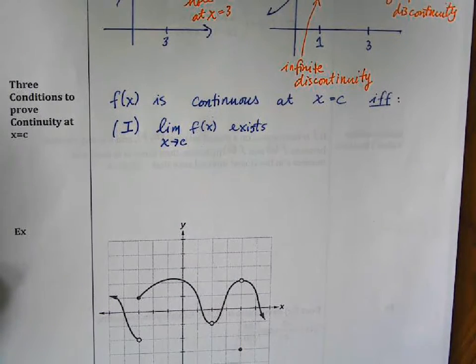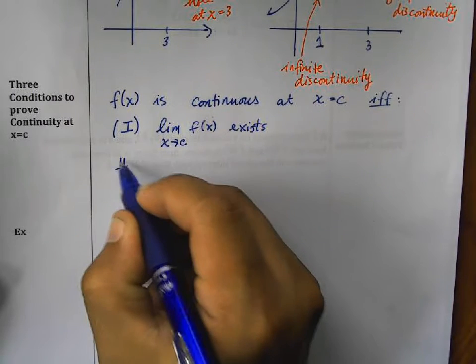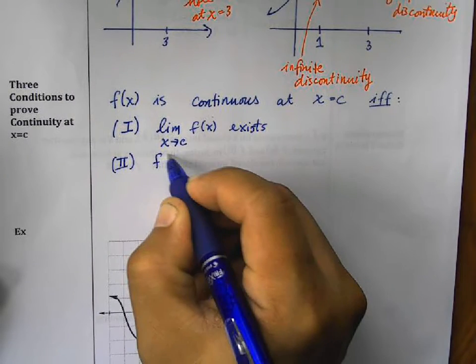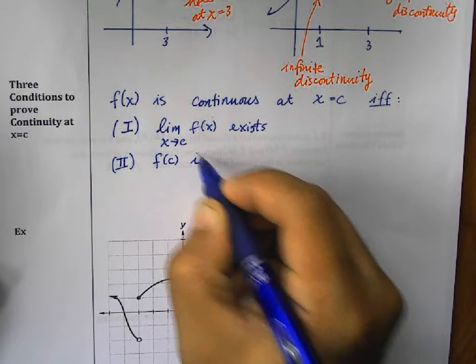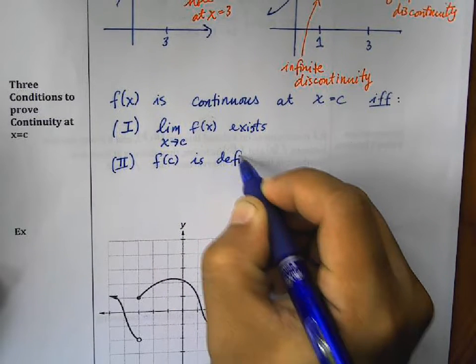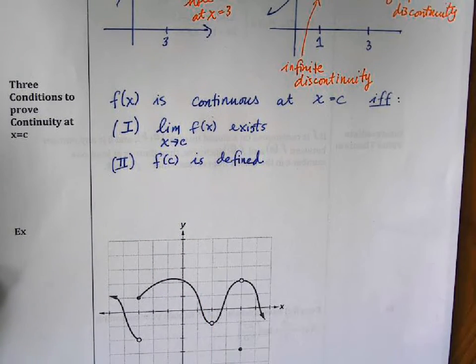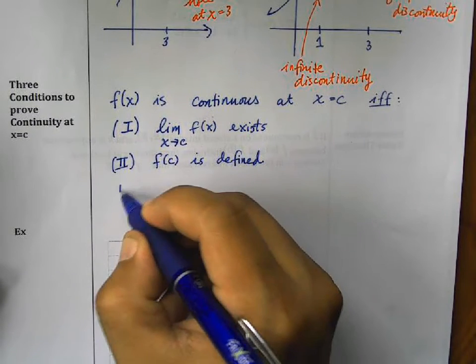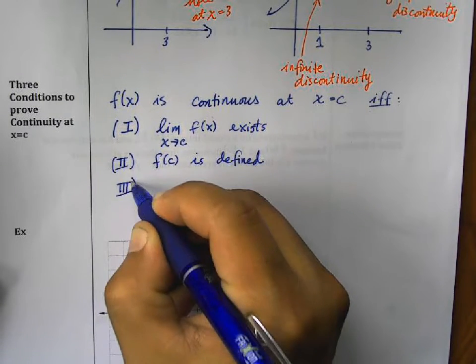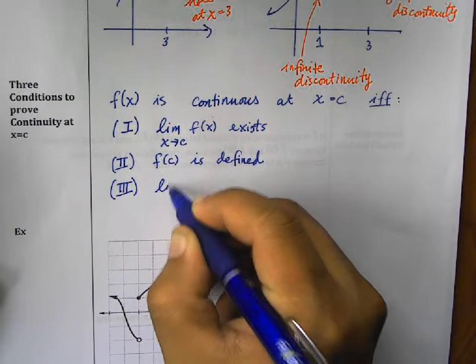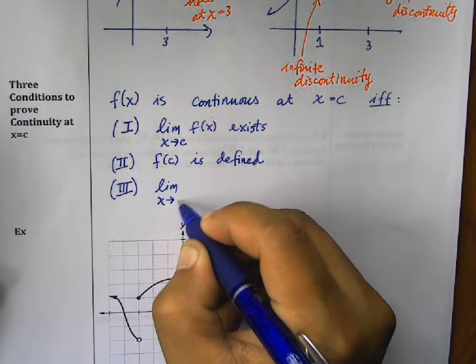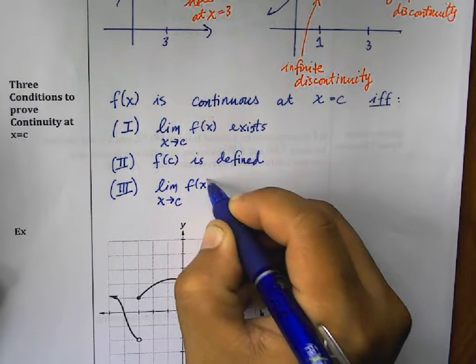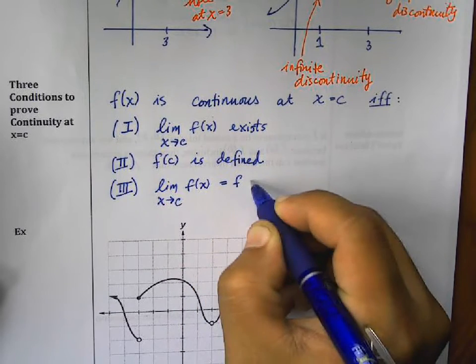We've talked about what it means for a limit to exist before. 2, f of c is defined. And 3, the limit as x approaches c of f of x is equal to f of c.